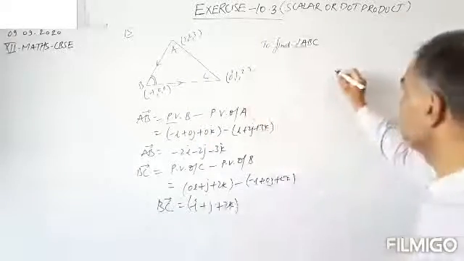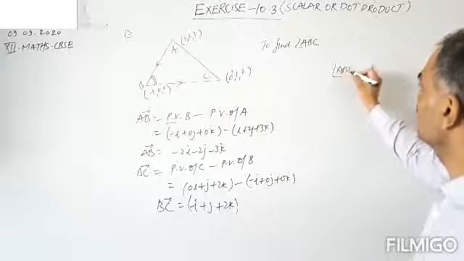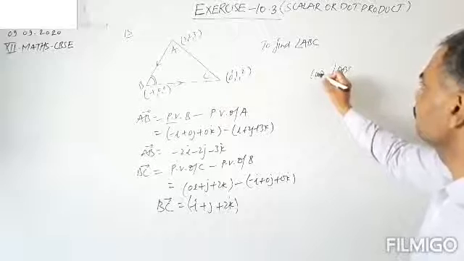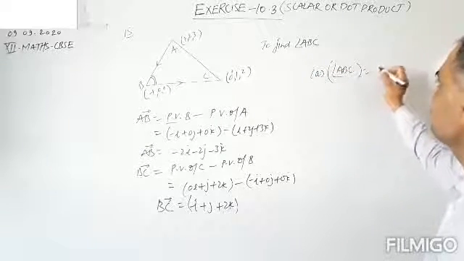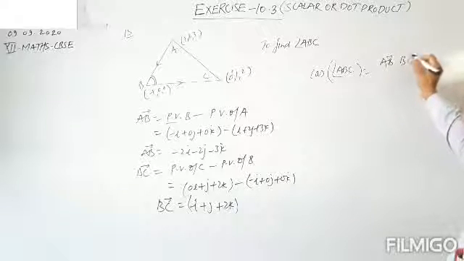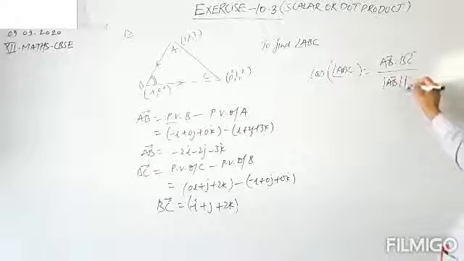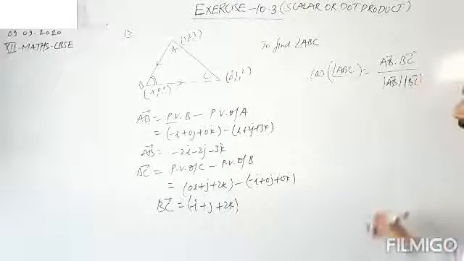Now the angle between them, angle ABC: cos of angle ABC is equal to AB vector dot BC vector divided by magnitude of AB vector times magnitude of BC vector.